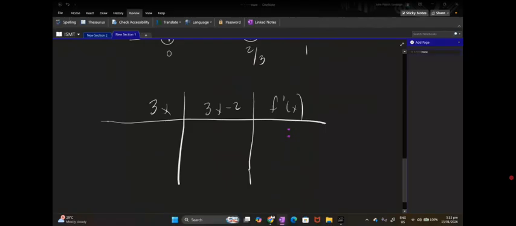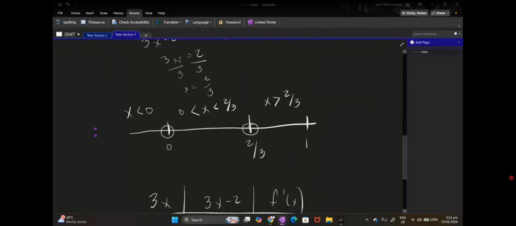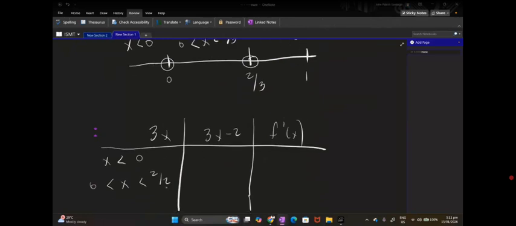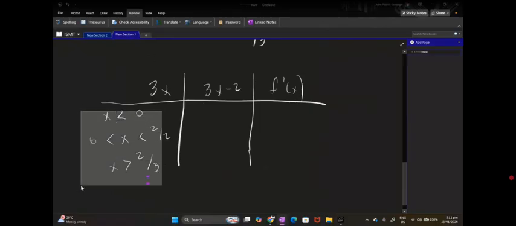And yung mga nagawa nating interval: x is less than 0, 0 is less than x but less than 2/3, and x is greater than 2/3.